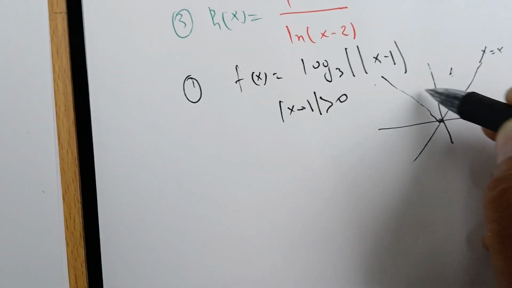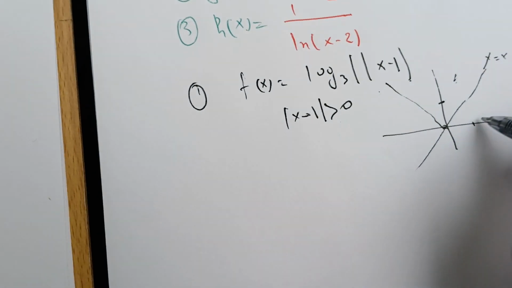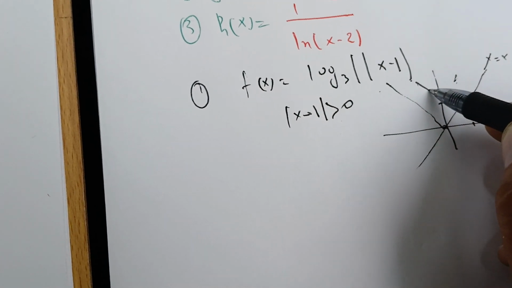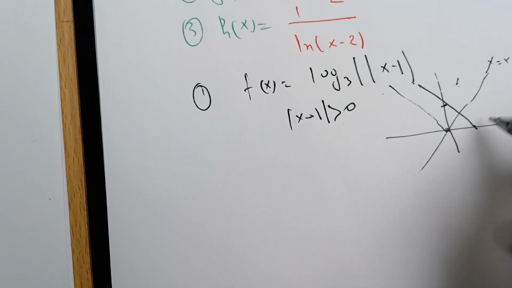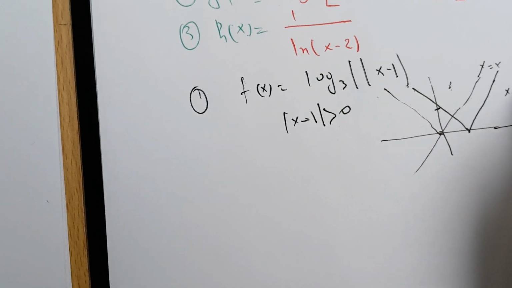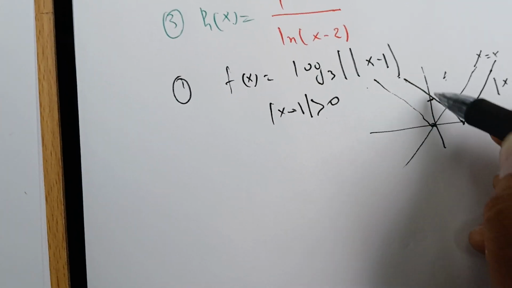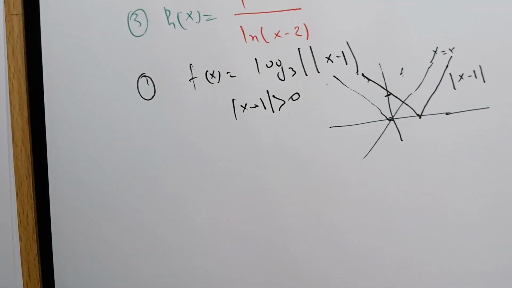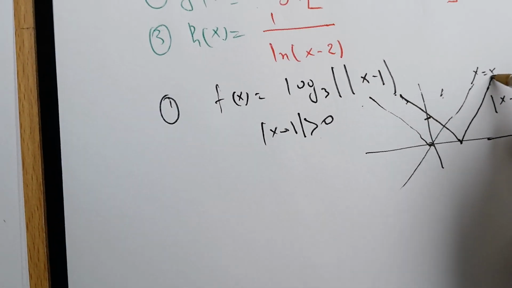So if we shift the absolute value of x 1 unit to the right, let me do it nicely. Yes, it's something like this. So this is x minus 1 in absolute value. Here, it's this green.